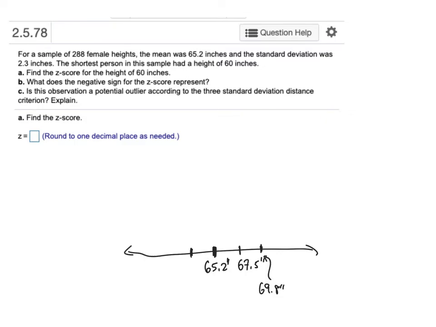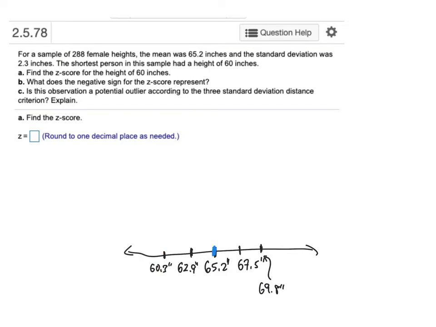If I subtract 2.3 from 65.2, I'll get 62.9 inches. And you can do this subtraction on your calculator. I can subtract another 2.3 inches and get 60.3. So here's my mean. And then I have 1 standard deviation above the mean here, 1 standard deviation below the mean, 2 standard deviations above the mean, 2 standard deviations below the mean.